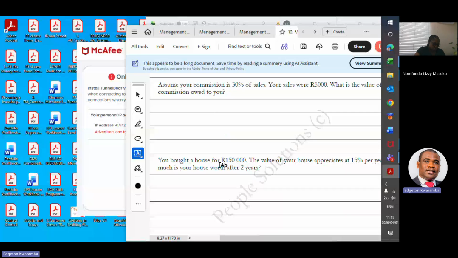So it's principal times (1 plus i) to the power 2. The principal amount is 150,000. Then open bracket, 1 plus 0.15, because it's 15%. We close the bracket to the power 2, because it's 2 years.